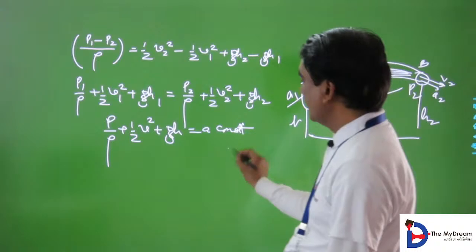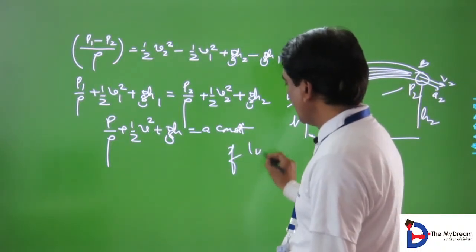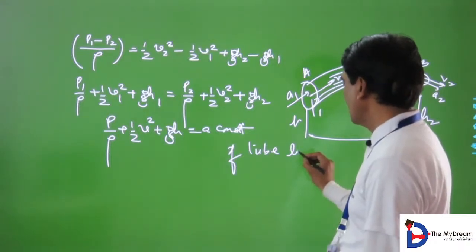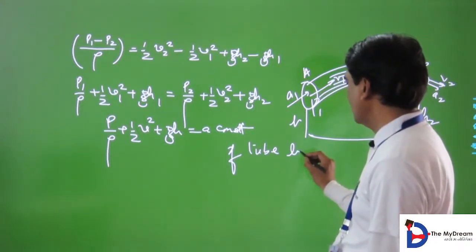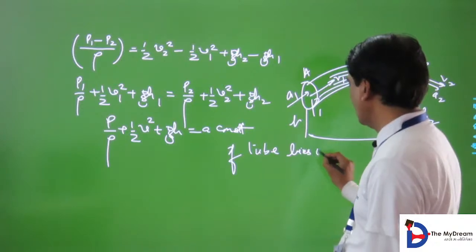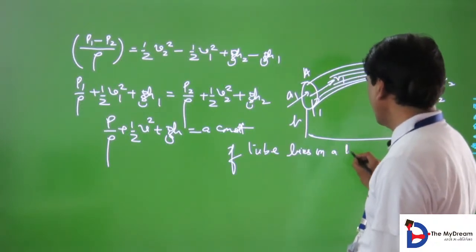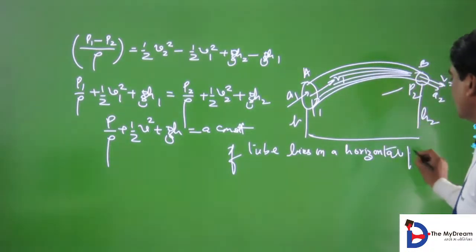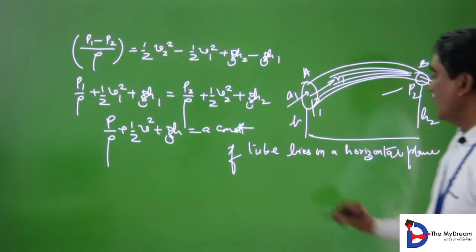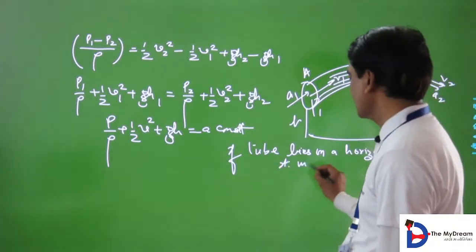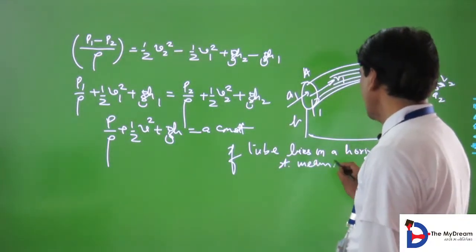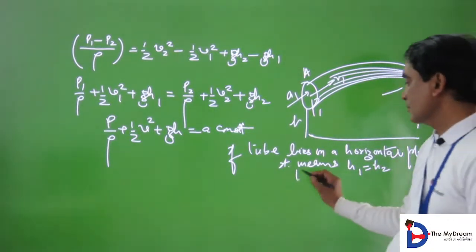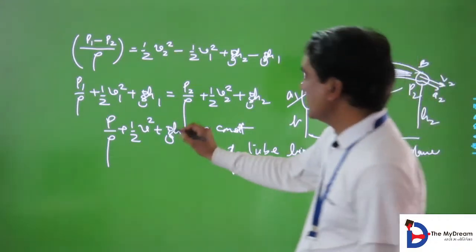Now, if the tube lies on a horizontal plane, it means h1 is equal to h2, then it will be cancelled.